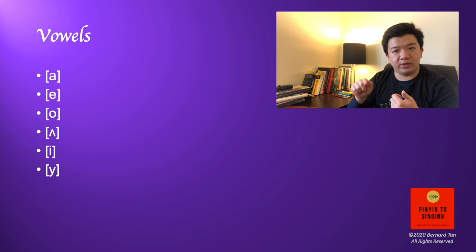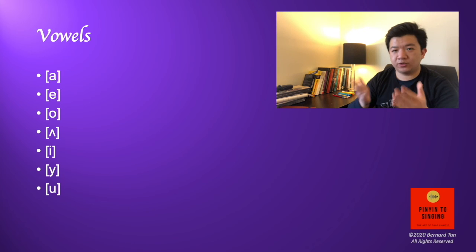German written with a U with 2 dots on top, or an umlaut. In French, anytime you see a letter U, it's most of the time pronounced as Ü. And finally, we have U, which is also, again, a vowel which is very common.